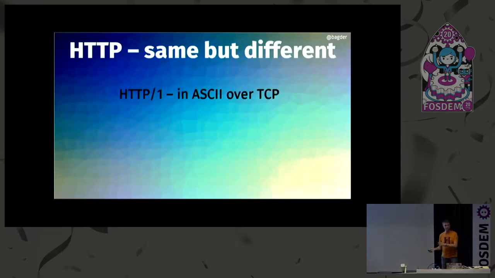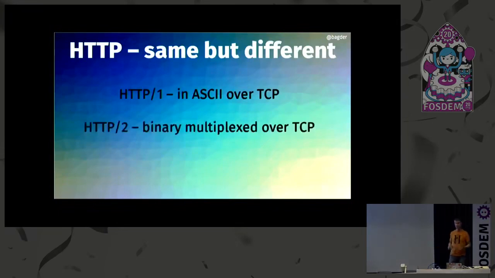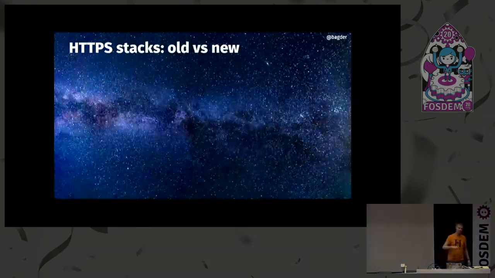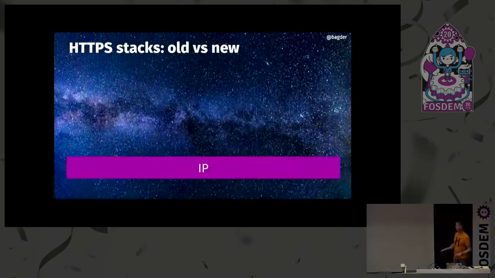We started out with a protocol in ASCII. We translated it to HTTP/2. We did everything binary, and we did all the multiplexing in the HTTP layer. And now we took away the multiplexing and put it in the QUIC layer instead. But we're still basically HTTP/2-like, done over QUIC. So back again to how this translates to the network stack view.